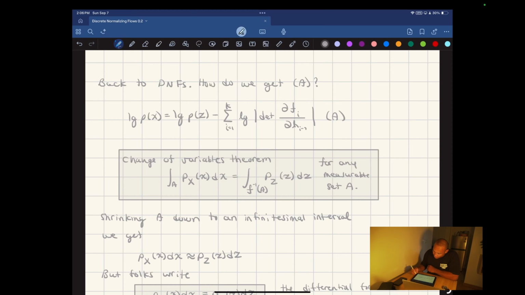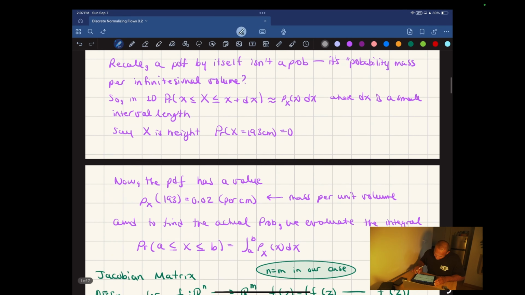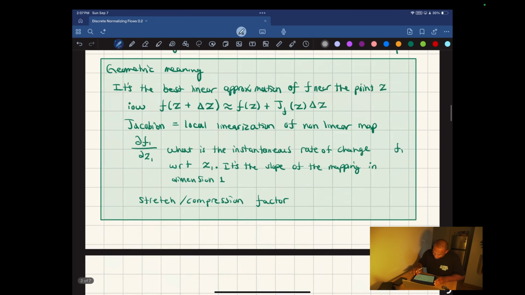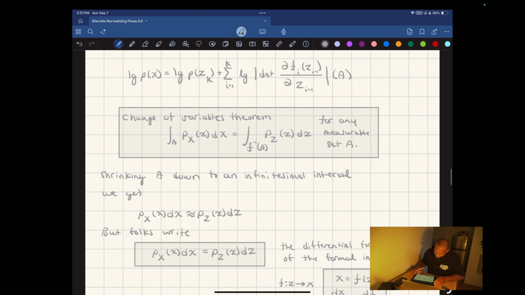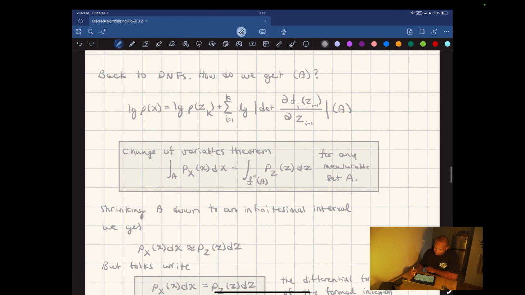Let me change these variables. Okay, so how do we get this equation?